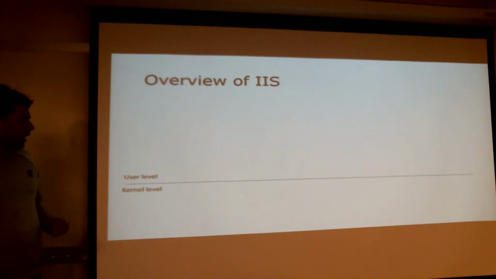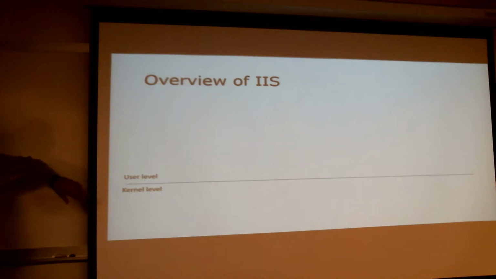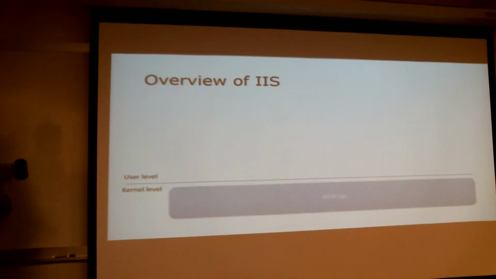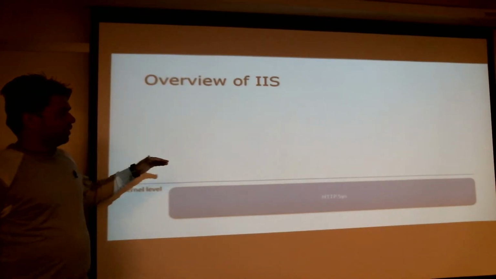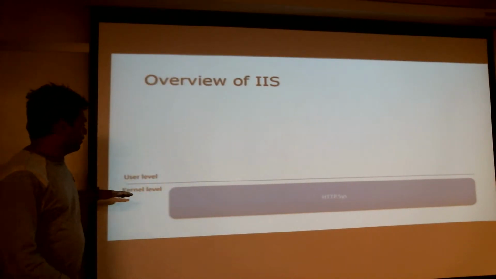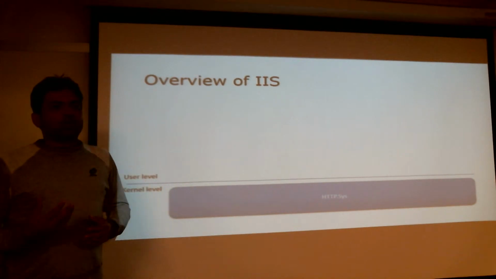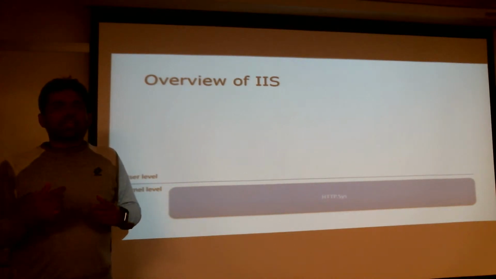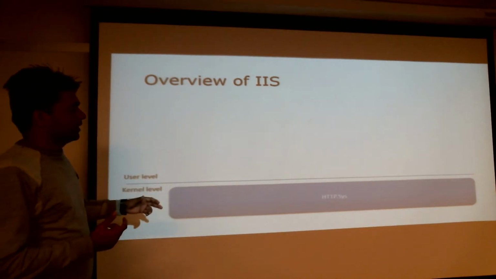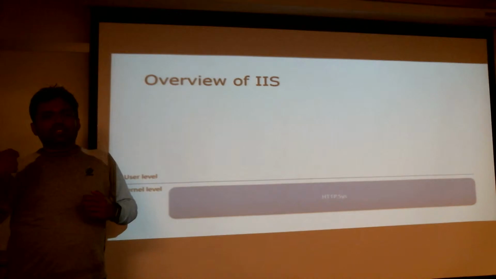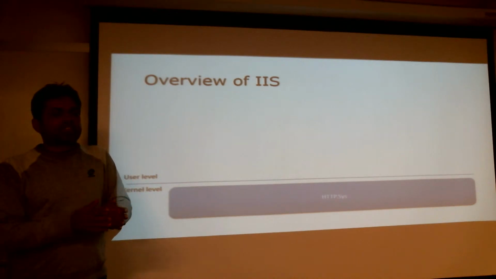IIS is broadly divided into kernel level and user level. At kernel level you have HTTP.sys. Kernel level means it is part of the operating system. HTTP.sys is a protocol listener, kind of a device driver, the first component in the OS to receive the request.